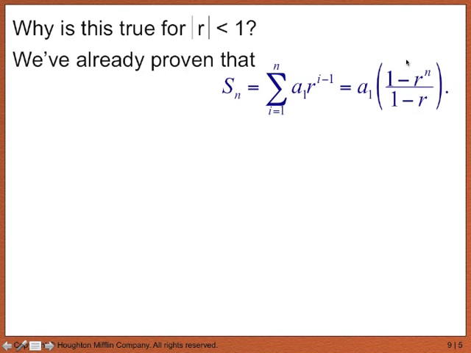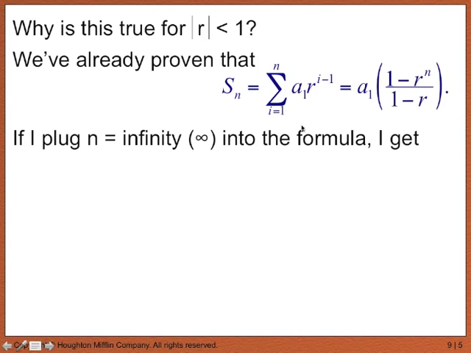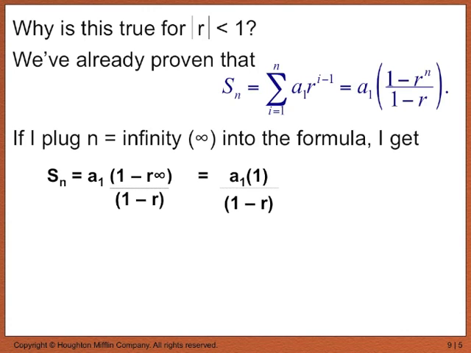Well, let's suppose, just for the sake of deriving this, that we plug in infinity. If I plug n equals infinity into the formula, just supposing we could do that, what would I get? Well, I get S sub n, n being infinity, equals a sub 1 times 1 minus r to the infinity power over 1 minus r.